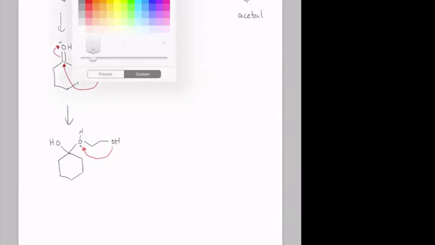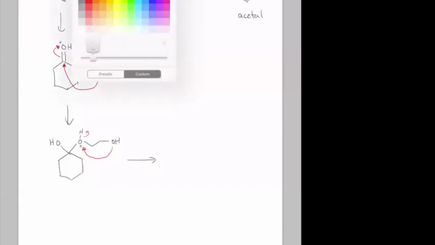The problem is that here we sort of did this, even if we then kicked off this hydrogen, because oxygen, of course, can't have more than 4 bonds either. And that's not going where we need it to be in terms of both of those oxygens being attached to that carbon.